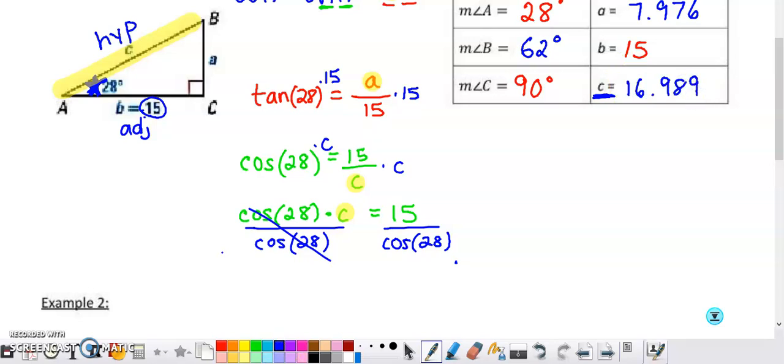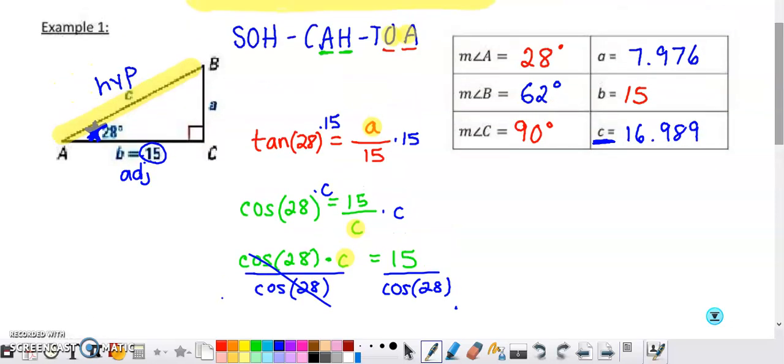Now, if you're not as comfortable solving that trig equation, or you'd rather not have to solve 2 trig equations, you could solve the first equation using trig. There's no way around it, so you'd have to do the tangent equation first. But what you could do is, if you trust yourself enough that you got that answer correct, you could use what you got for A and what you were given for B to solve for C using the Pythagorean theorem.